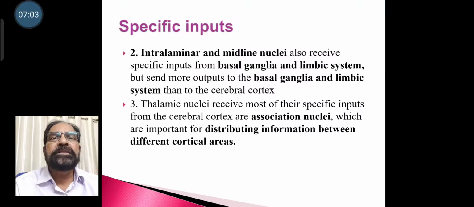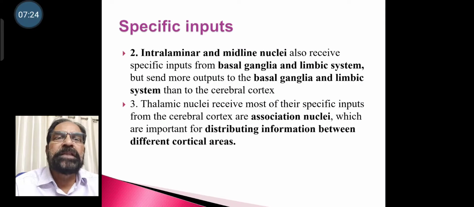Then coming to another specific input, intralaminar and midline nuclei receive specific inputs from basal ganglia and limbic system and send outputs back to basal ganglia and limbic system. They do not send anything to cerebral cortex.